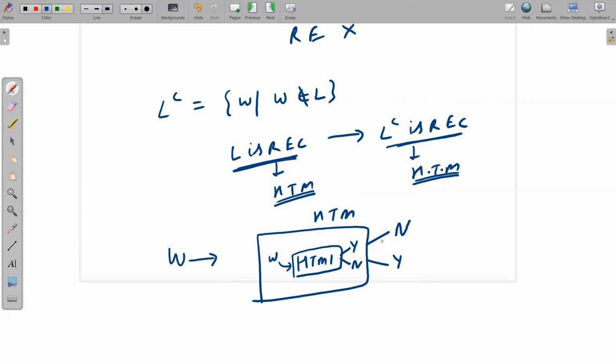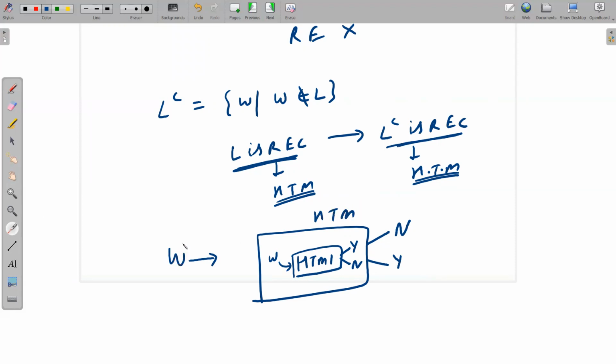So directly, indirectly, I have given you a hint. Please try to follow it. Because L is REC, we have a halting Turing machine for it. Now I'm trying to build a halting Turing machine for L complement. We have a big Turing machine HTM.